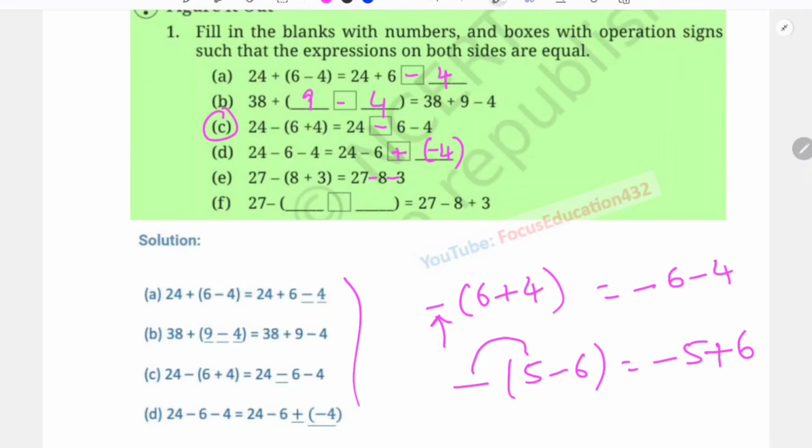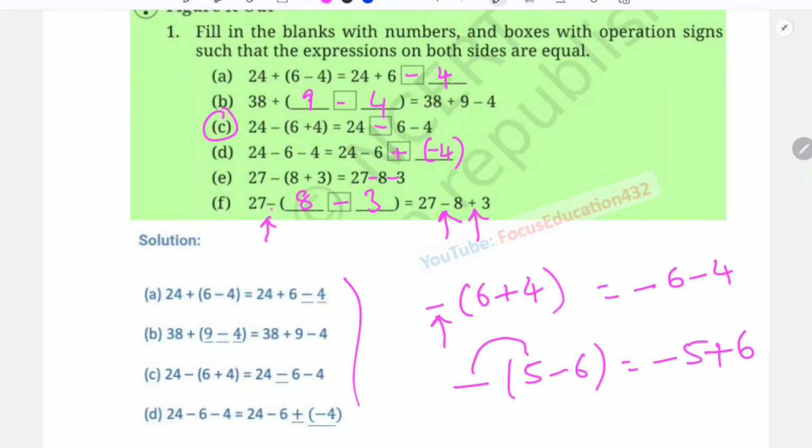Now the next one, F bit. 27 minus, then we have a bracket, 27 minus 8 plus 3. This is very simple. Here you check: minus 8 it should be. If the sign outside the bracket is minus, then it should be plus 8, so 27 minus 8. Then here you will get the 3. What about the sign? Here you have a plus sign, outside the bracket a minus sign, so minus of minus becomes plus. Clear?